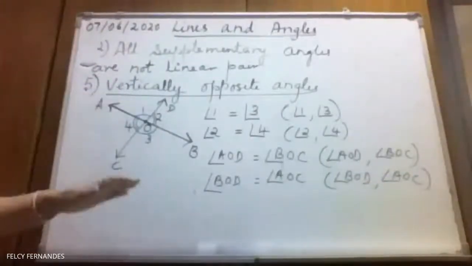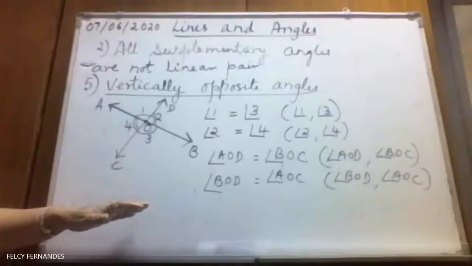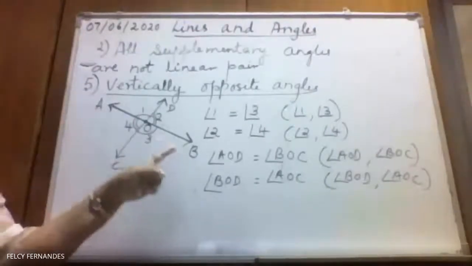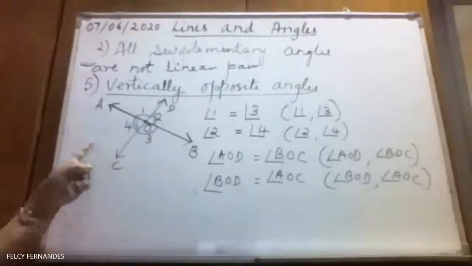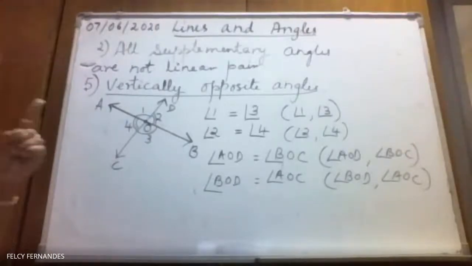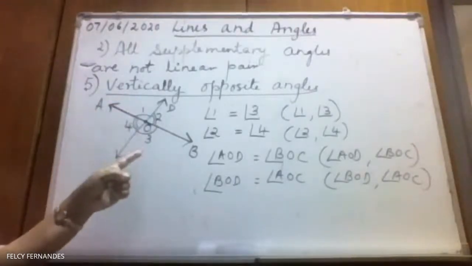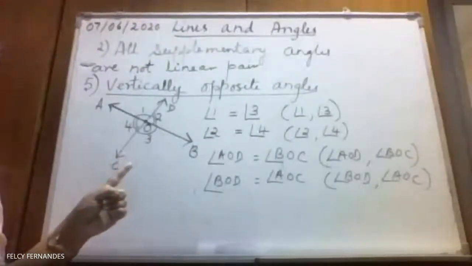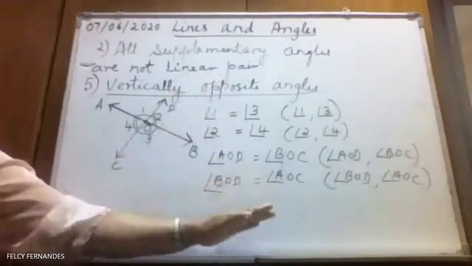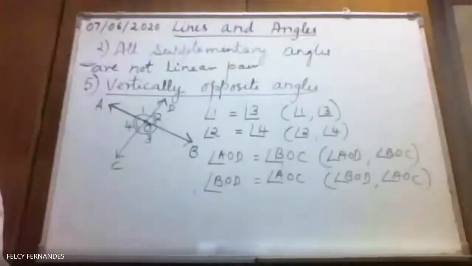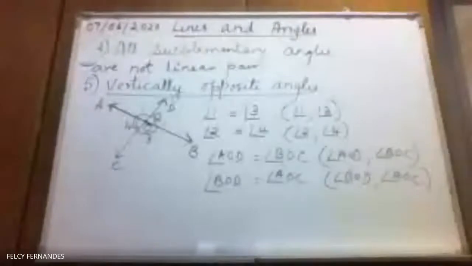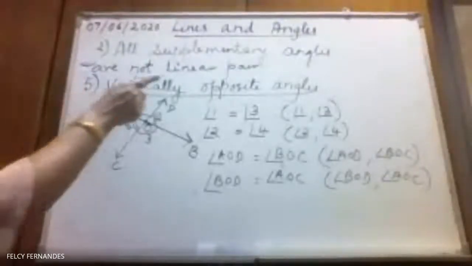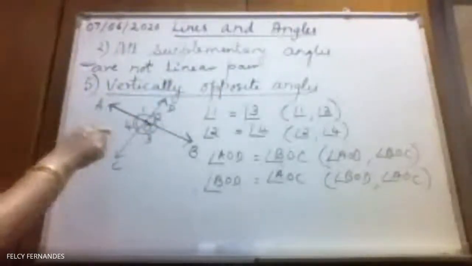Please note down now, then I'll give you the explanation. Just draw this, children, and label it as I have labeled. Name the diagram as I have named, and write down these points which are given to you. Vertically opposite angles.